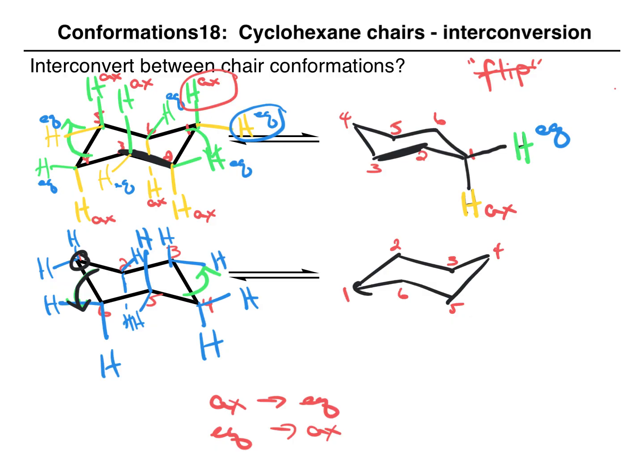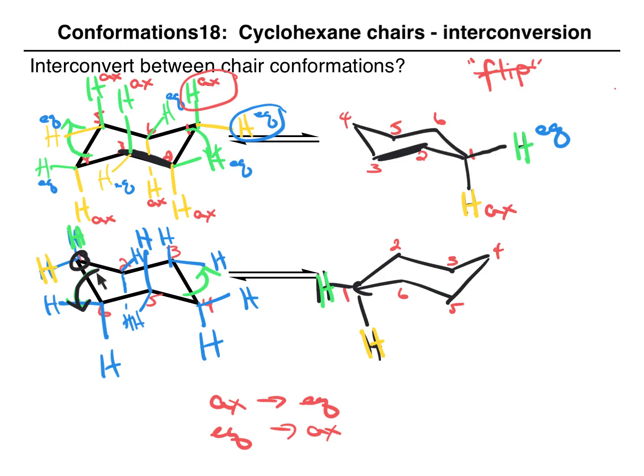And now we're going to have a hydrogen straight down and a hydrogen out and a little bit up. Where we started, this hydrogen was on the front face of the ring or the top face of the chair, and now that is this one. And this one was on the bottom face, and that's now this one. So once again, what started out equatorial is now axial. What started out axial is now equatorial.